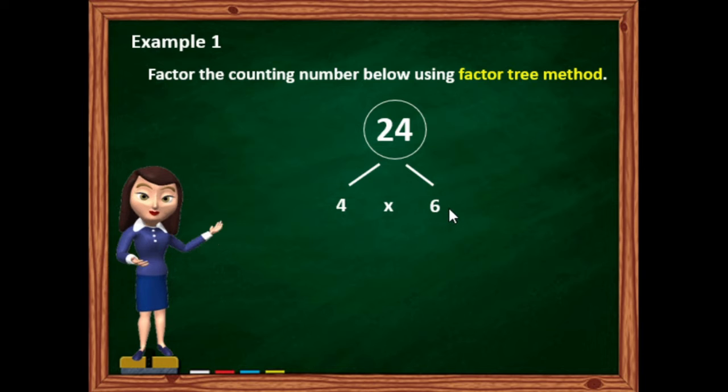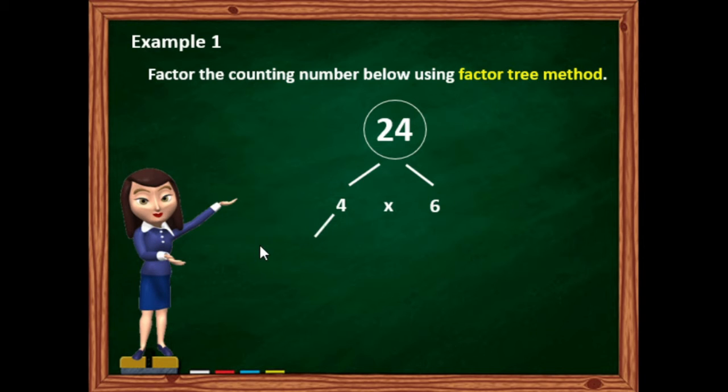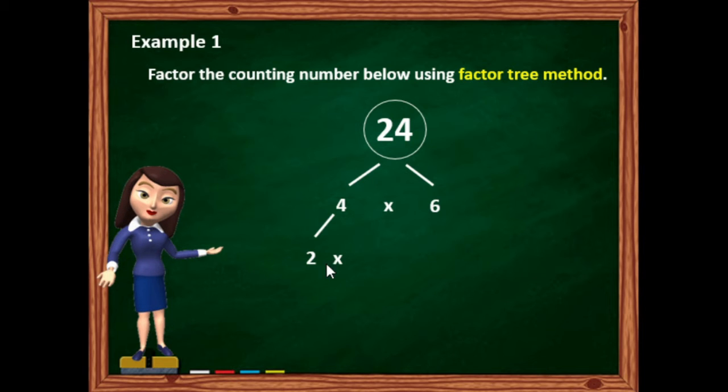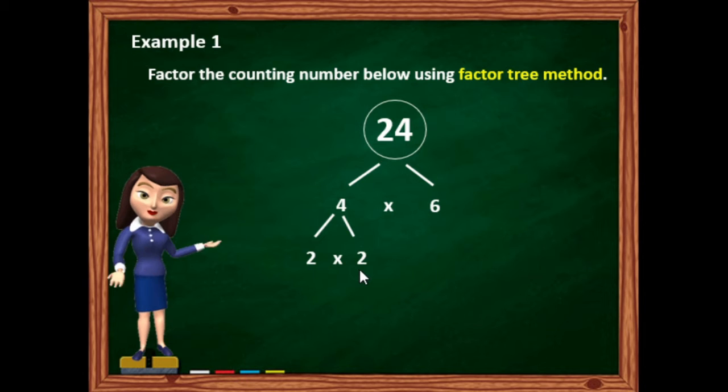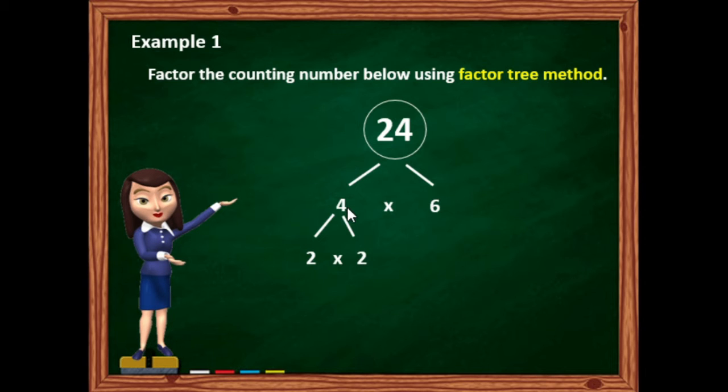Alright, now you can see that 4 and 6 may or can still be broken down into smaller factors. So for 4, you can have 2 times 2, right? Because 2 and 2 gives us the product of 4. 2 times 2 equals 4.